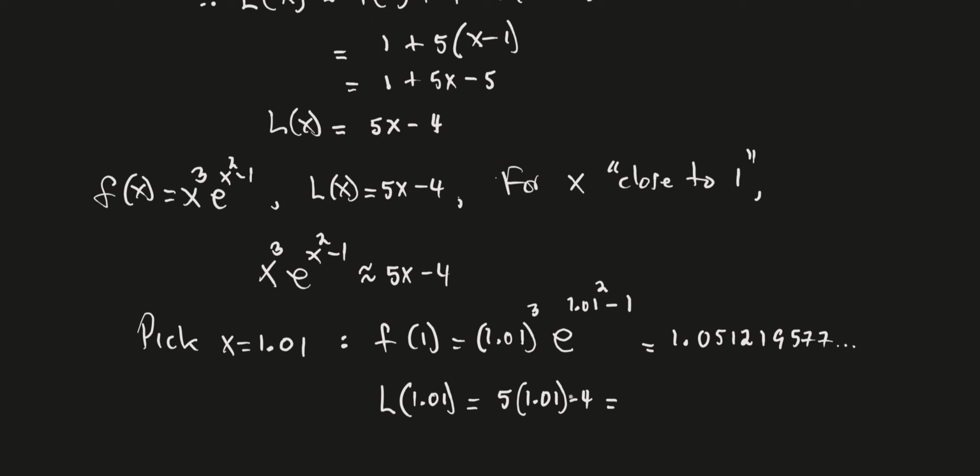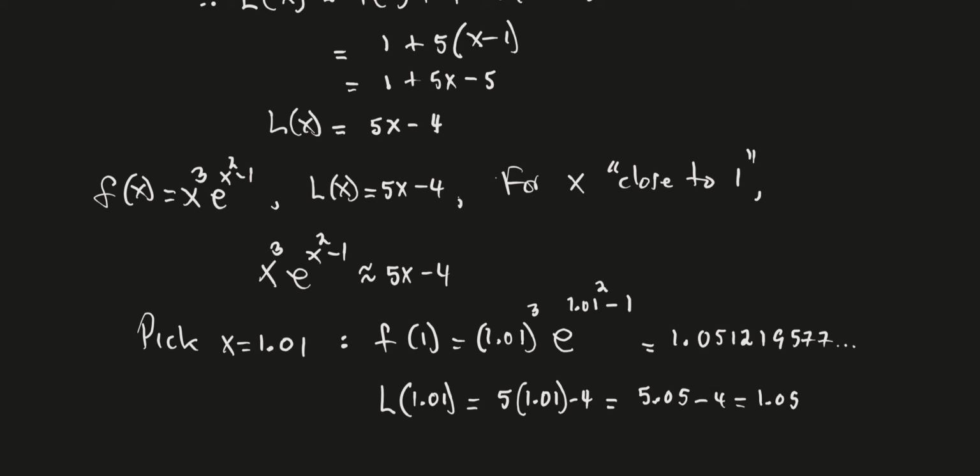For a linear function like this, I don't need a calculator to do the evaluation. For something like the original function, you'd have to use a calculator or some computing device. This, I don't need a calculator. I can multiply by 5, this becomes 5.05, and then I can subtract 4. So look what I end up with, 1.05.